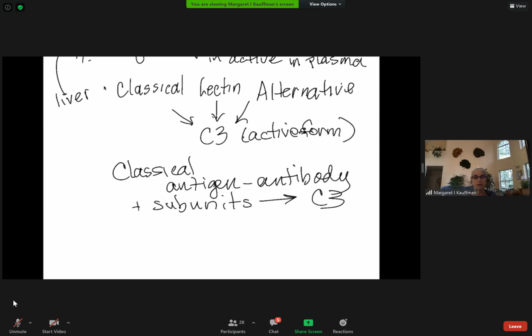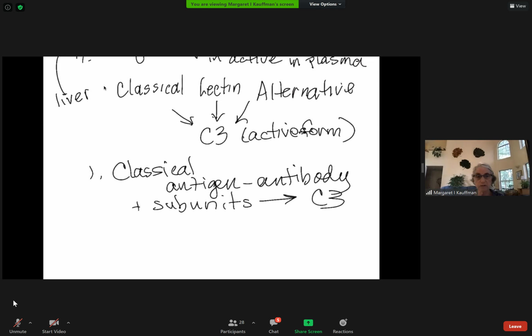It doesn't really matter whether it's what they call a soluble antigen, meaning something released. Maybe it's a waste product or a toxin released by the pathogen, or it's physically bound to the pathogen, as long as the antibody will bind. Now, who the antibodies are will come back when we do the adaptive. So this is critical, and you end up with C3.